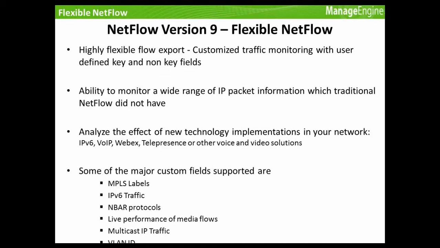All this information you can get from flexible NetFlow, which NetFlow version 5 could not do. So if you implement a new technology in a network like IPv6 or VoIP or WebEx, telepresence, or some other voice and video solution, you can do specific monitoring of these technologies using flexible NetFlow, which lets you customize your flow export options.